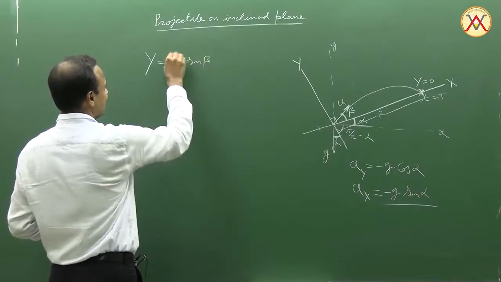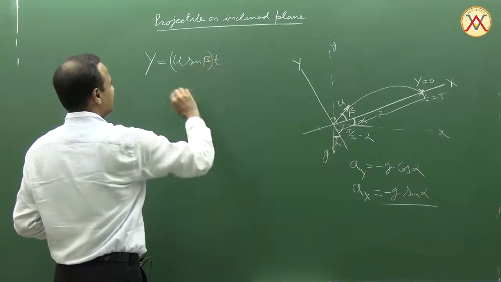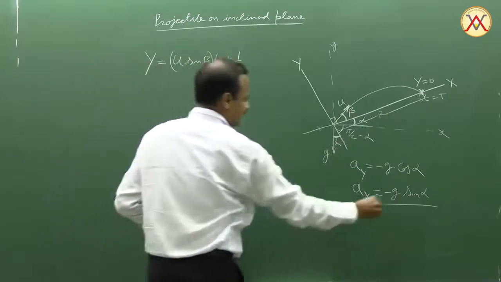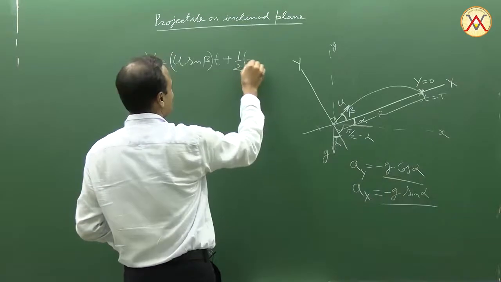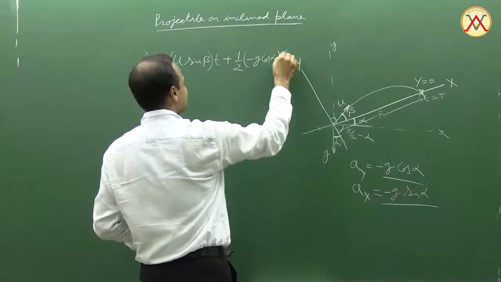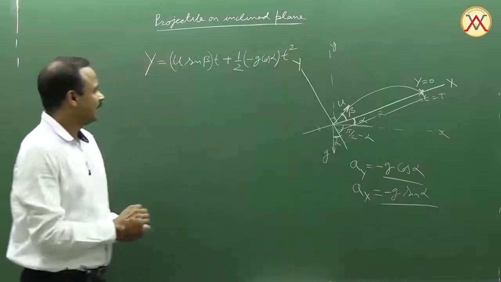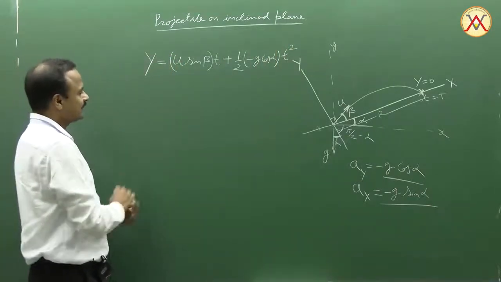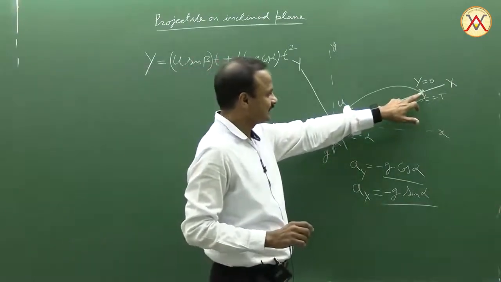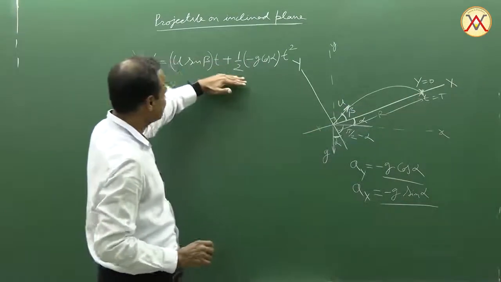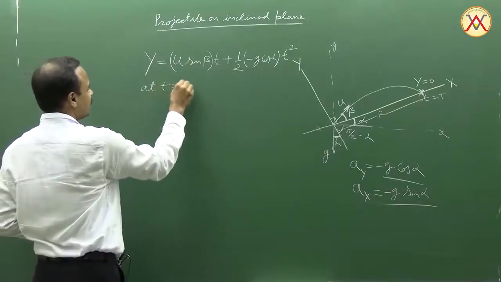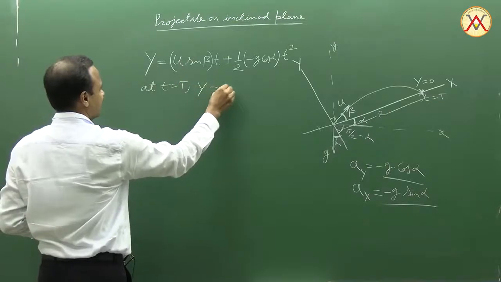So this is u_y multiplied by t and plus half acceleration in y direction, minus g cos alpha, t squared. So this is the y coordinate, and in order to find this point we will put this equal to 0. We can say that at t equal to capital T, this y is 0.